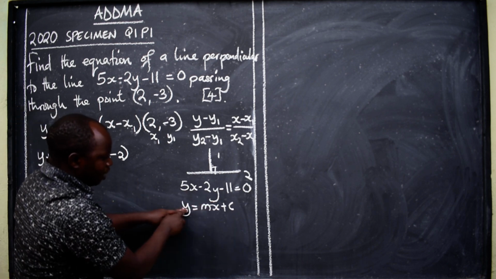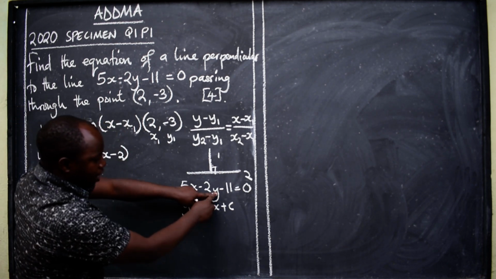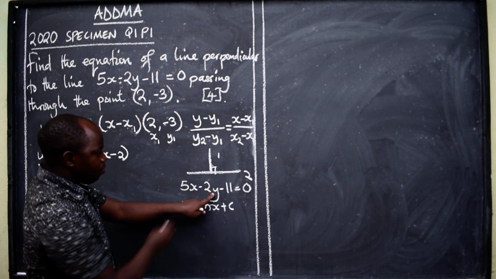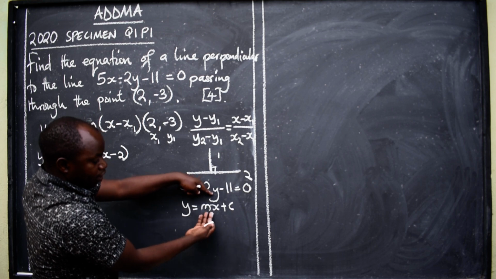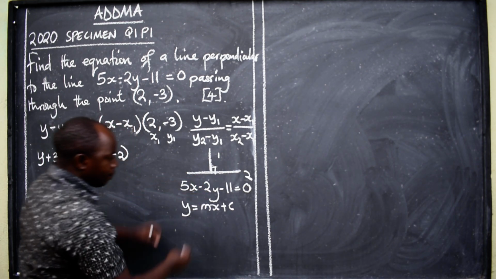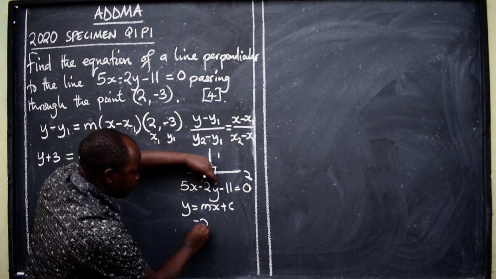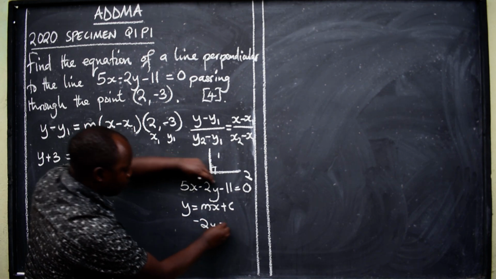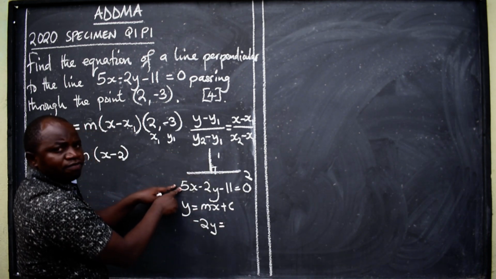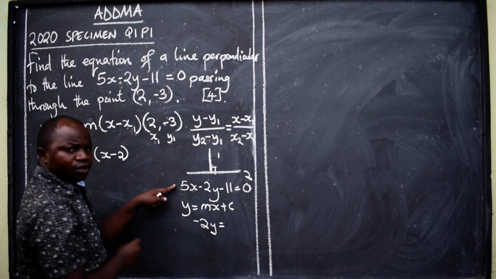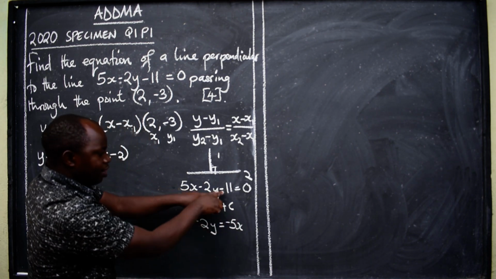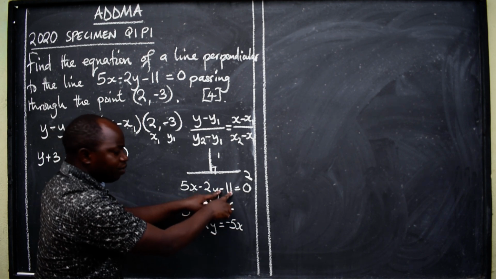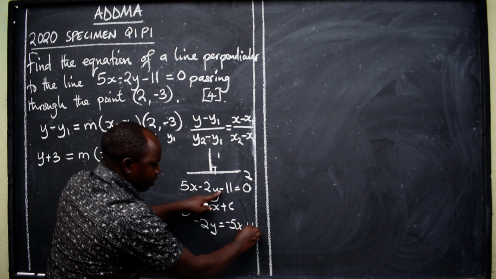So let's make y the subject of the formula here. To make y the subject, it means I have to push this 5x to the other side. So I'm going to write negative 2y is equal to, this positive 5x will cross the equal sign and it will be negative 5x. This negative 11 will be positive 11.